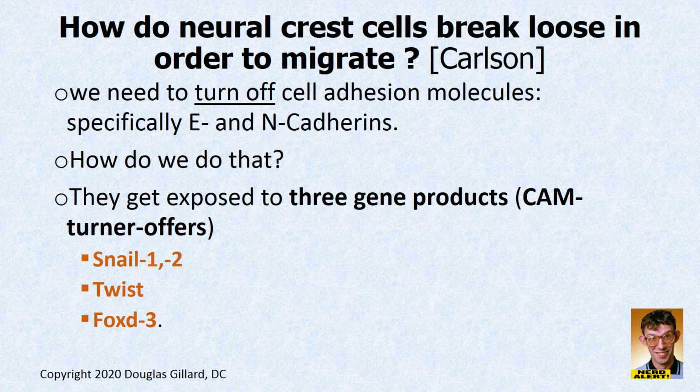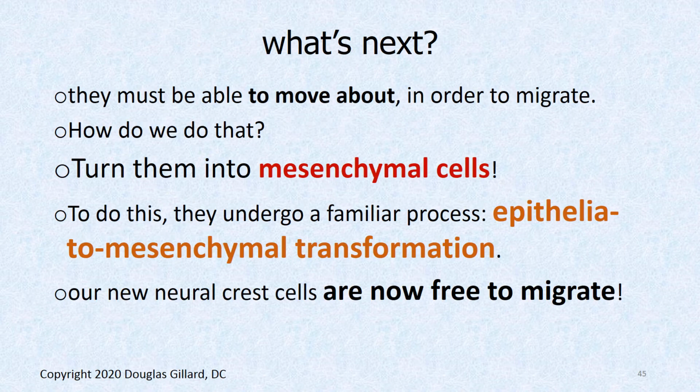That's Snail 1 and 2, a new one that we haven't talked about, Twist, and FOXD3. Those are what you want to create a mesenchymal cell in this region. Those are what have to be turned on. All right, so now they're mesenchymal. They can swim. They can move. So what's next? They need to migrate, and mesenchymal cells can migrate.